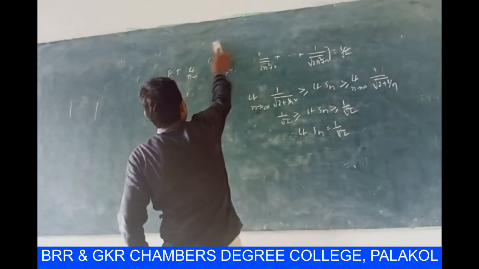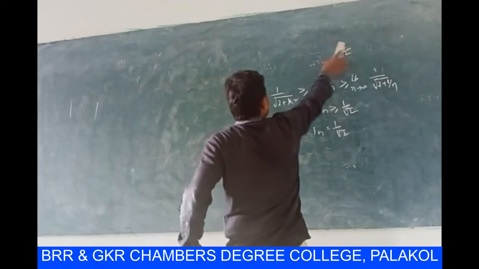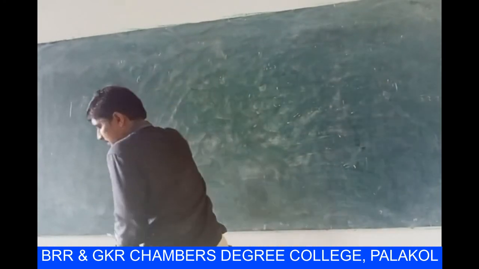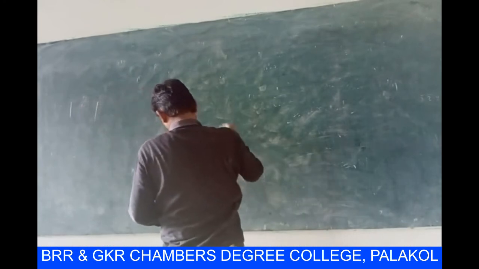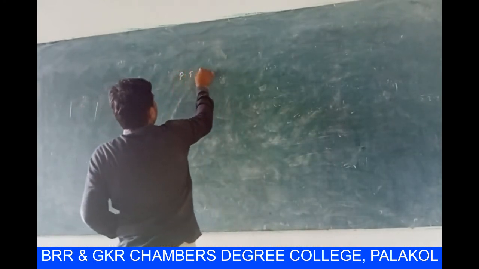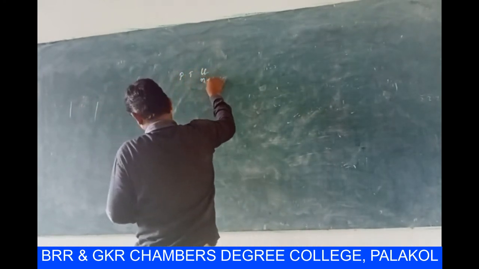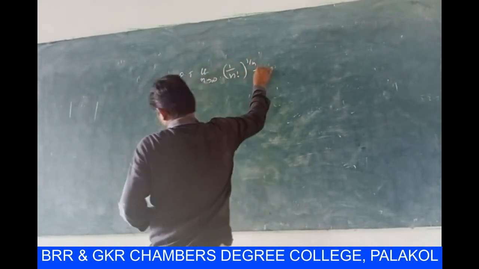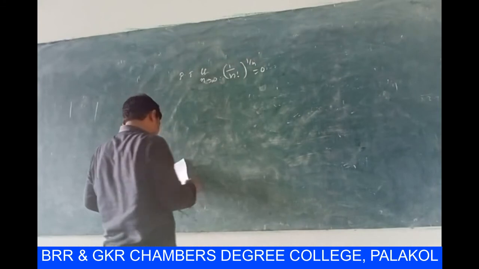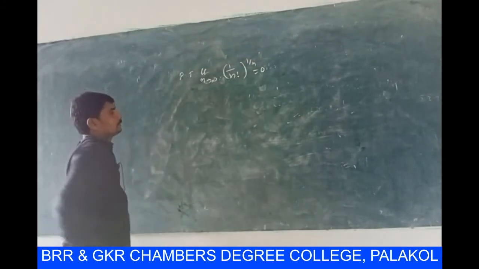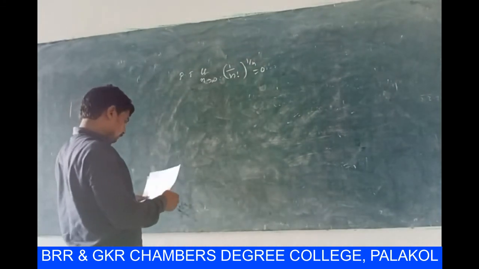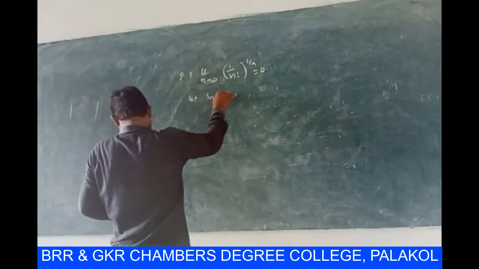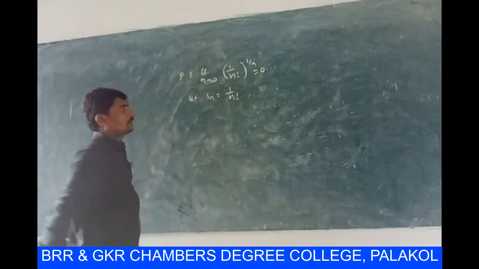Students, we will see another problem by using Cauchy's theorem. Prove that limit n tends to infinity 1 by n factorial whole power 1 by n is equal to 0. Let Sn is equal to 1 by n factorial.